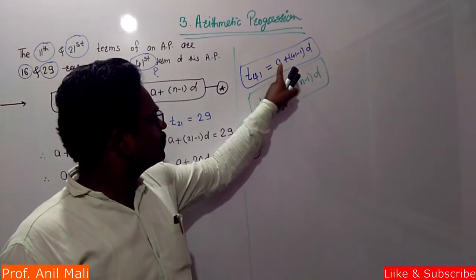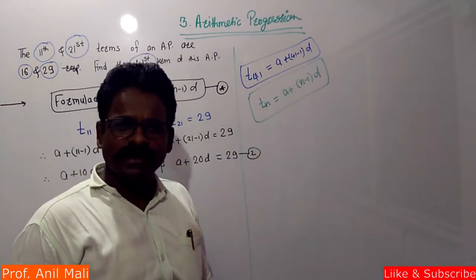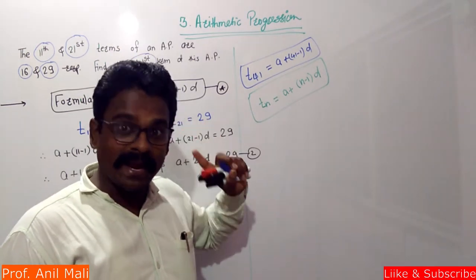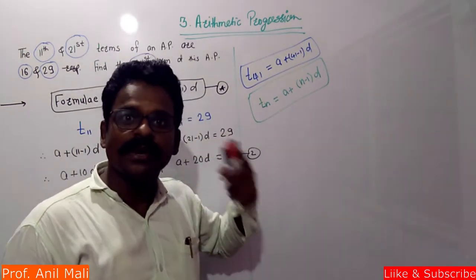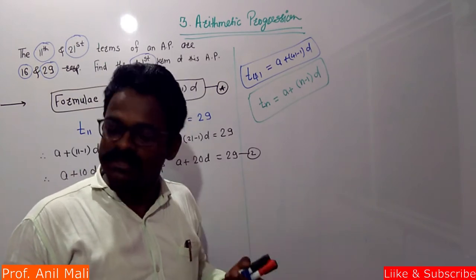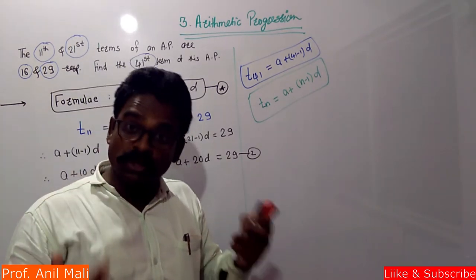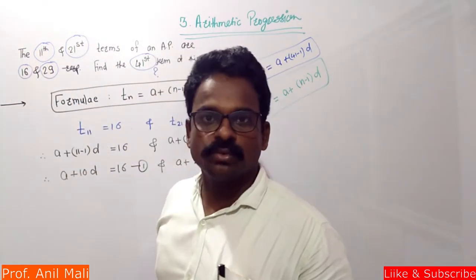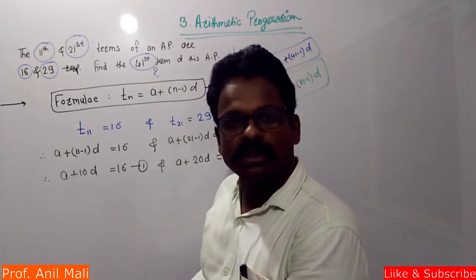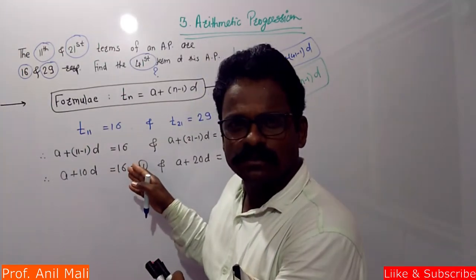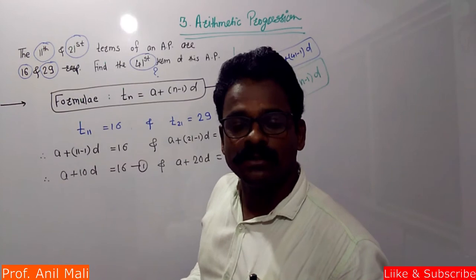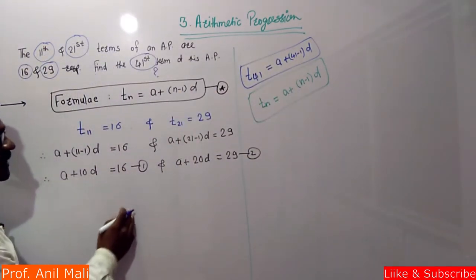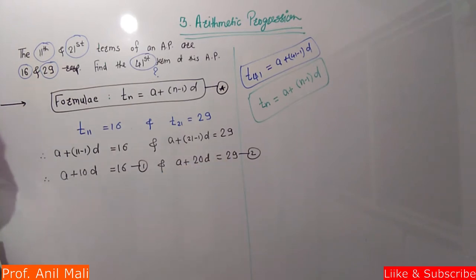Are the first term and common difference given to us? No. A and d are not given in the problem. So we need to find out a and d, where a means the first term and d means the common difference. We find these two with the help of these two equations. Otherwise, there is no need if a and d are directly given in the problem. So a plus 10d is equal to 16 and a plus 20d is equal to 29.